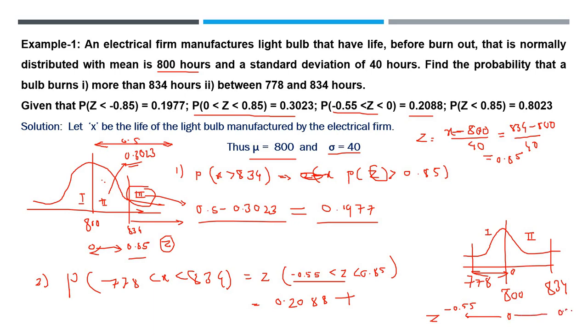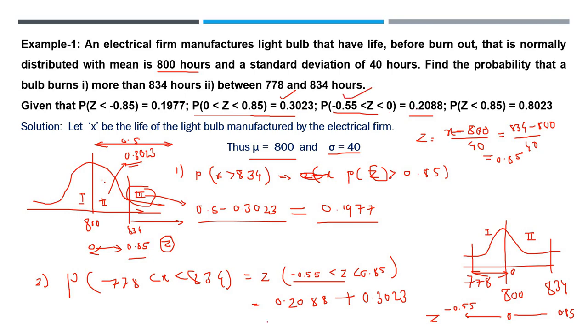So this is the z value 0, this is minus 0.55, and this is 0.85. For 0 to 0.85, we already have that value, 0.3023.